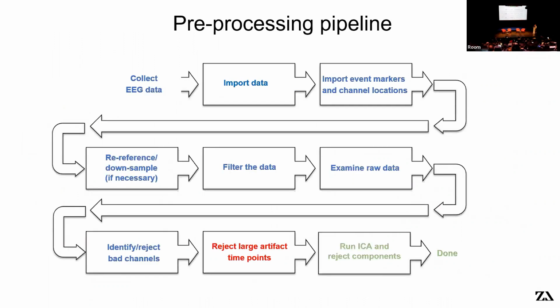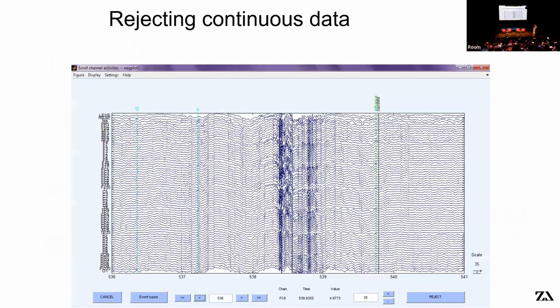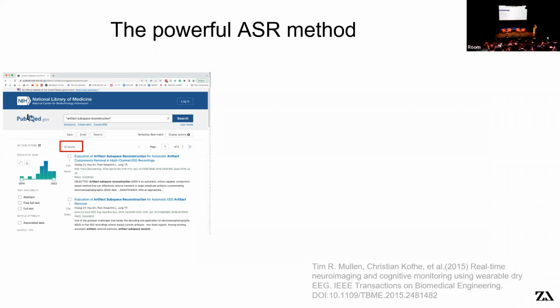And then we want to reject large artifact time points. You can look at the raw data and maybe reject parts of the data, or you can use an automatic method to be a bit more objective. For example, there is artifact subspace reconstruction in EEGLAB.